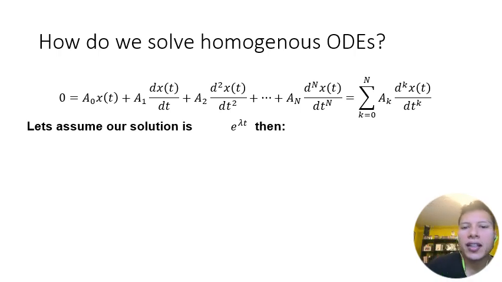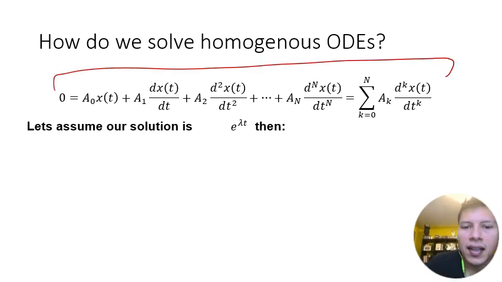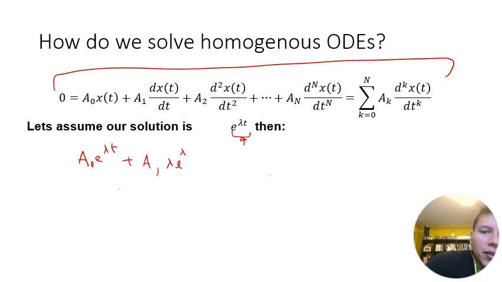So let's just for a little bit plug into this equation a guess for x of t of e to the lambda t. And let's just see what happens. So I'm going to have a0 e to the lambda t plus a1. And remember, the first derivative of e to the lambda t is just lambda e to the lambda t.